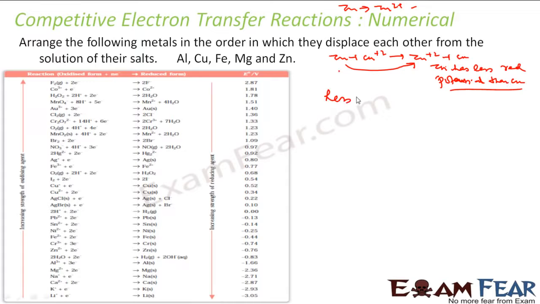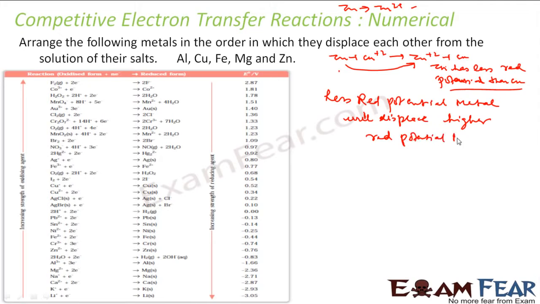I can say that the less reduction potential metal will displace the higher reduction potential metal.